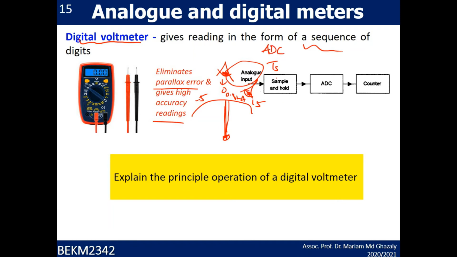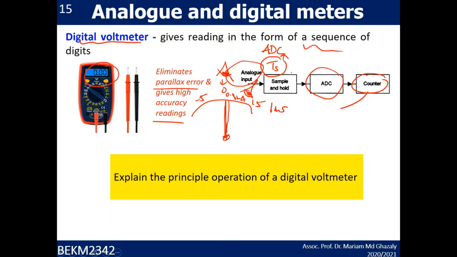Sample and hold is where you hold the value at a certain sampling time. So for example, the sampling time is taken at 1 millisecond. Therefore you will convert it from analog to digital. This is why you have the ADC here, and next is the counter. The counter is to display this value.